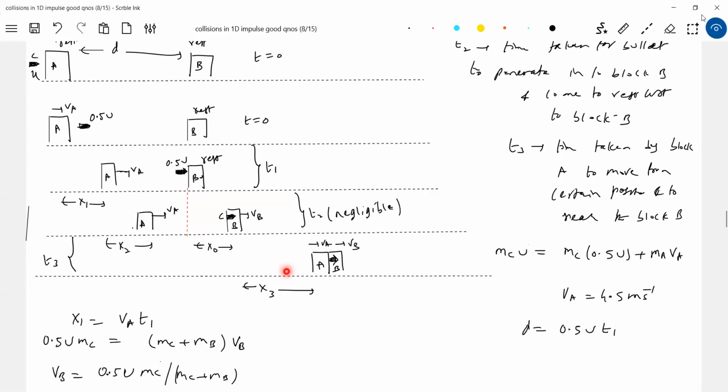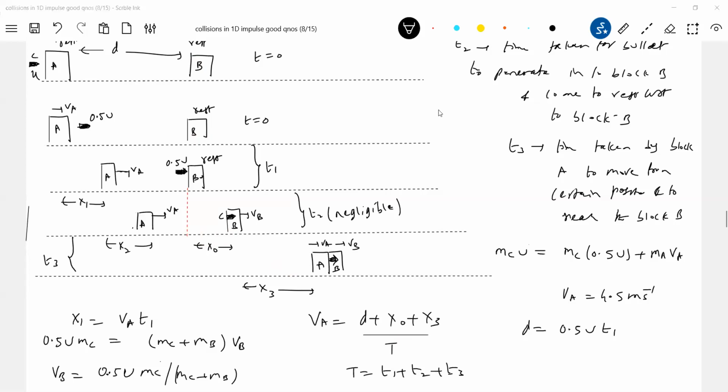So let's directly write: (d plus x naught plus x3) divided by the total time taken. And what is T? T1 plus T2 plus T3. T1 we know, we got it. Then x0 we don't know, x3 we don't know, T2 and T3 we don't know. We have to search how all those things can be obtained. This is the problem solving.